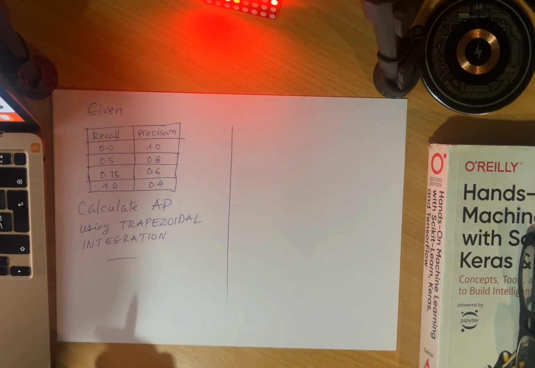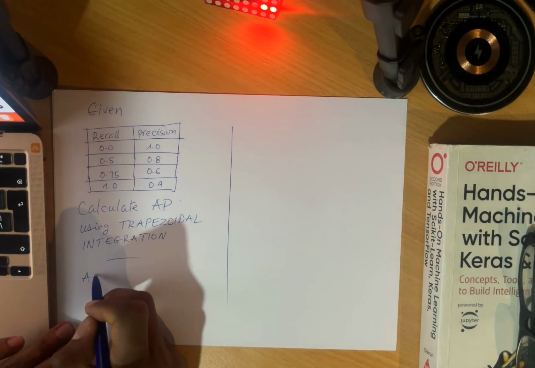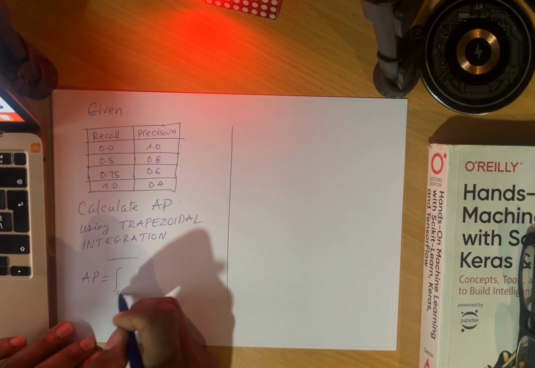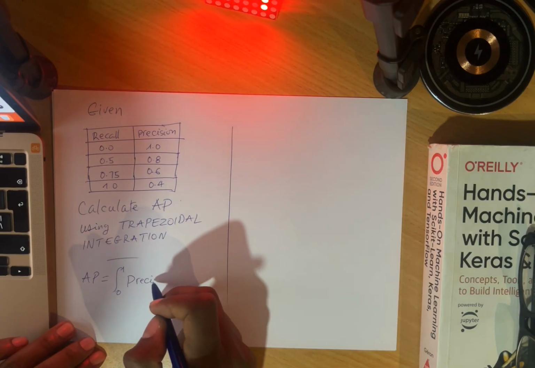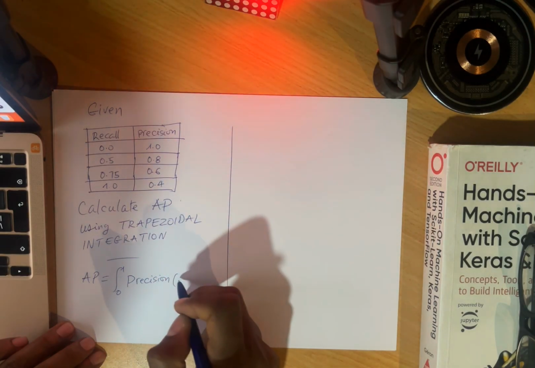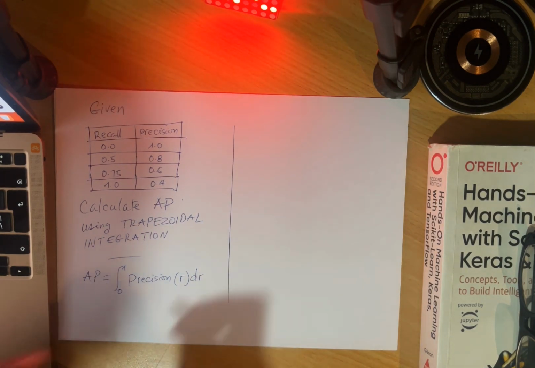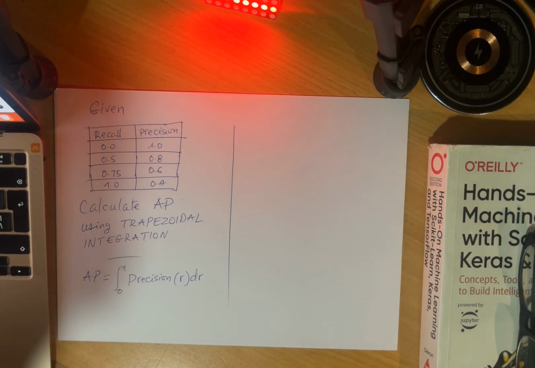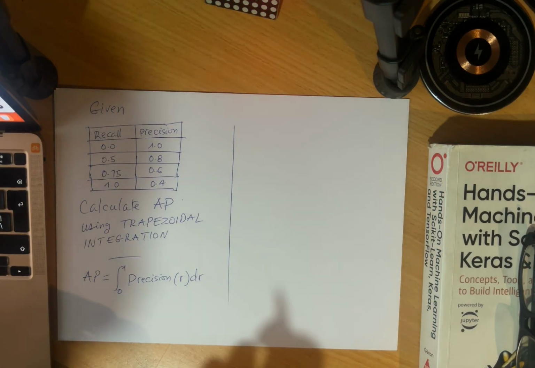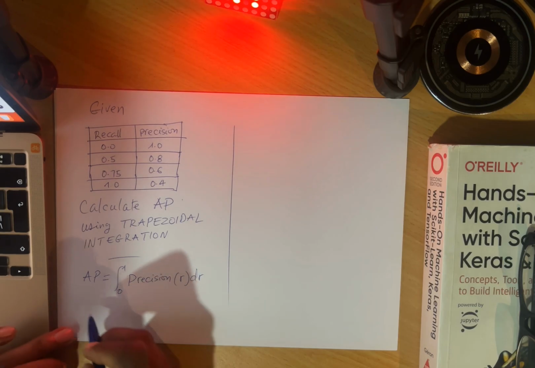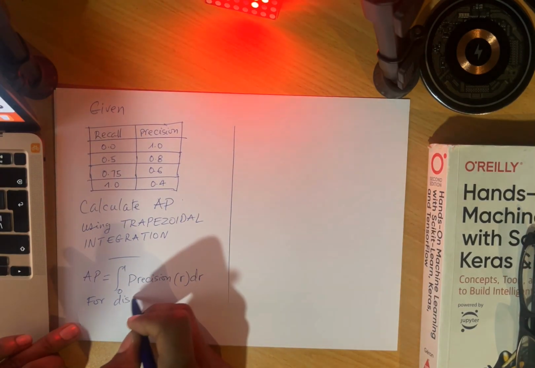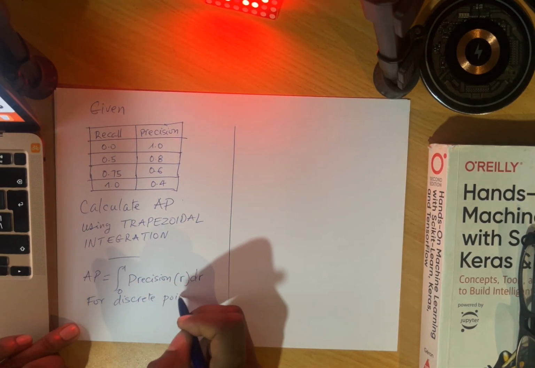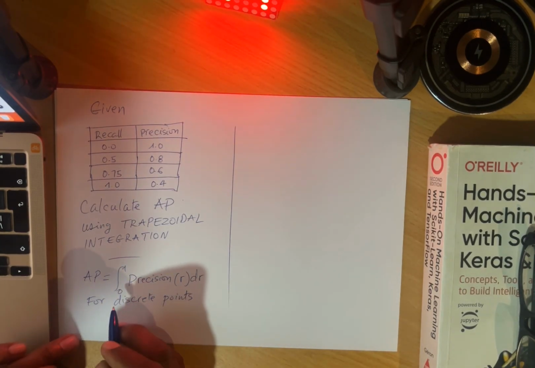Do you recall the formula for AP? AP, this means if you would take discrete points, that's going to be a summation.